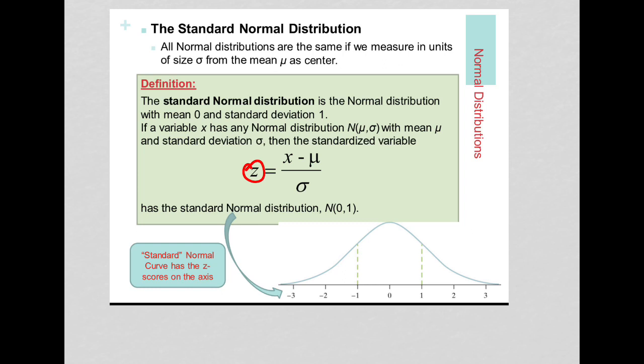So if someone scored on a test 1 standard deviation above the mean, I know that if I think about those percentages again, yes, they scored better than this 50%, but they also scored better than this 34%.